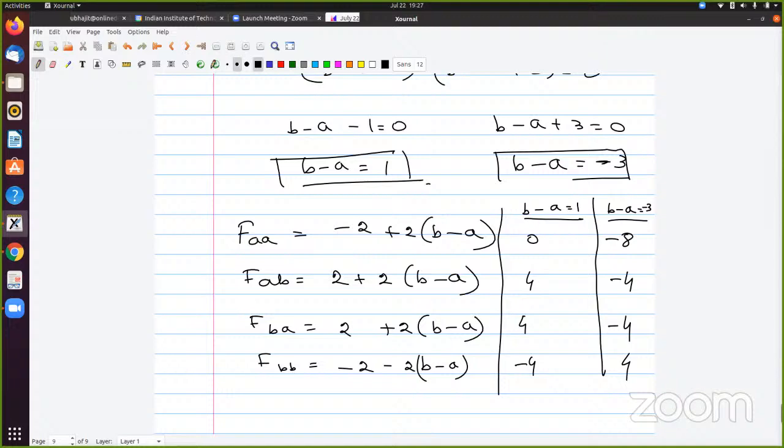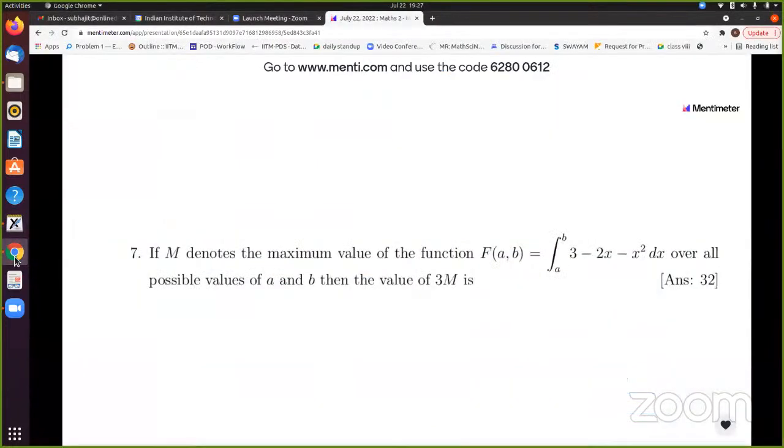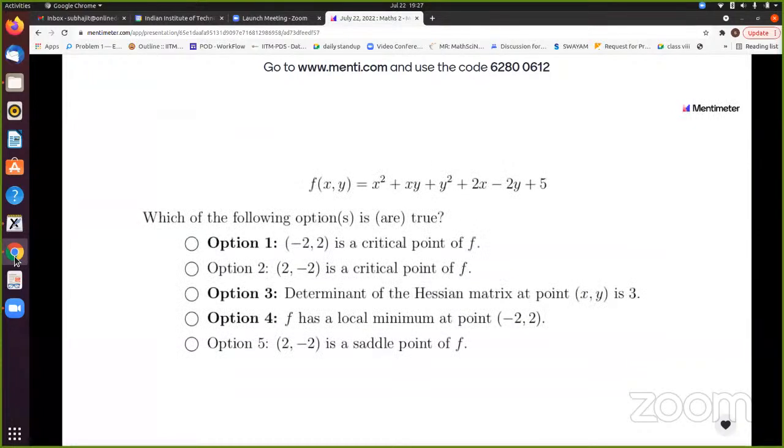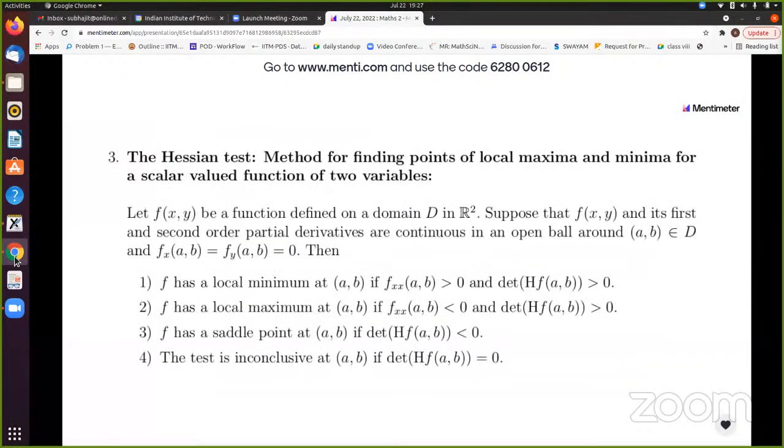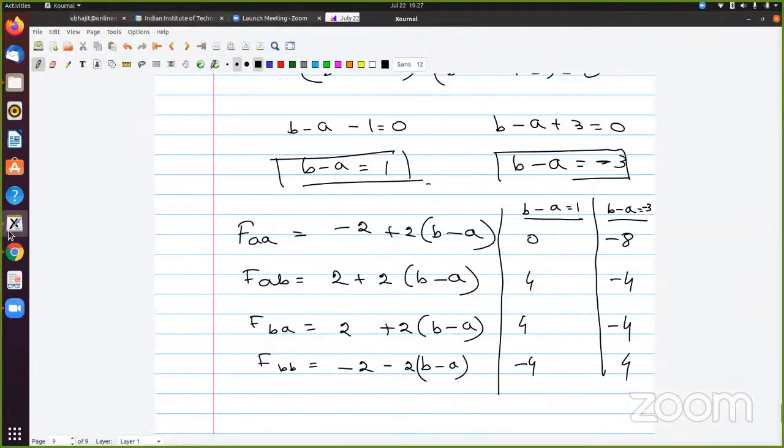Now, what are the conditions for maxima? So let's go back here. The determinant should be greater than 0 and the first f_xx should be less than 0. So f_xx less than 0 is coming for which one? The next one, b minus a. And let's calculate the determinant, whether it is satisfying or not. So this is minus 32 and 16, minus 16, no?